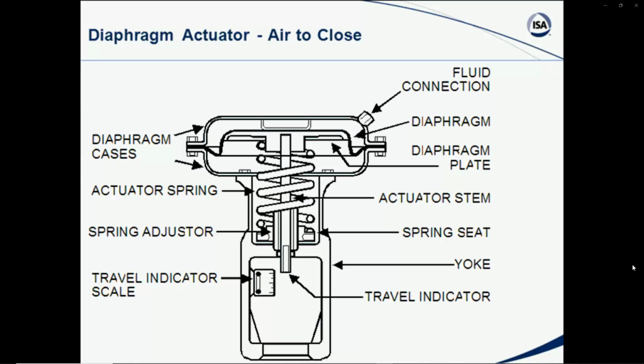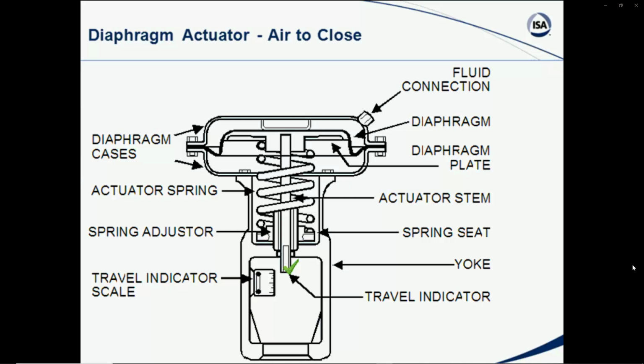This is showing a cutaway of the actuator. The stem that's operated, a linear stem, rising stem. This particular one is an air to close, or sometimes called a direct acting air to extend.